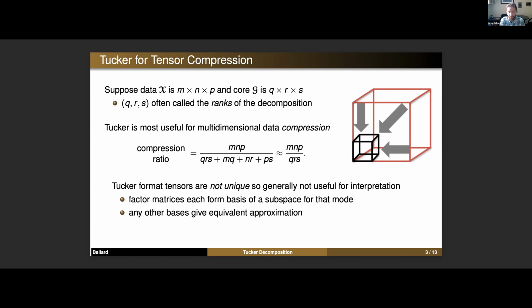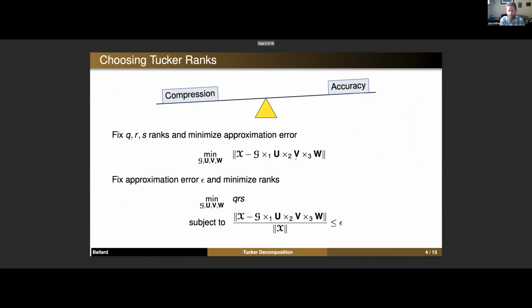Okay, so that's our goal, to get compression of multidimensional data. So how do we pick the ranks? How do we figure out what is the shape of the Tucker format tensor we get? It's a trade-off of compression and accuracy. There's actually a couple of ways that people like to formulate the optimization problem of how to compute it.